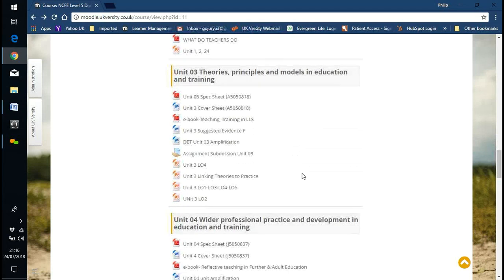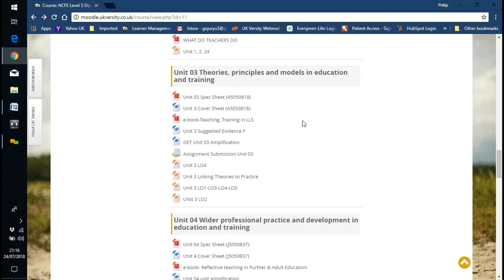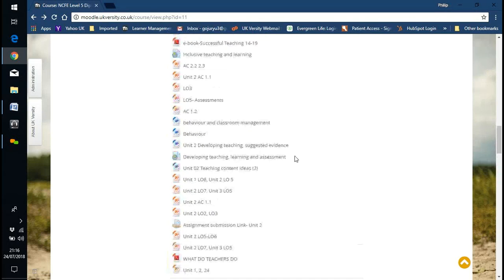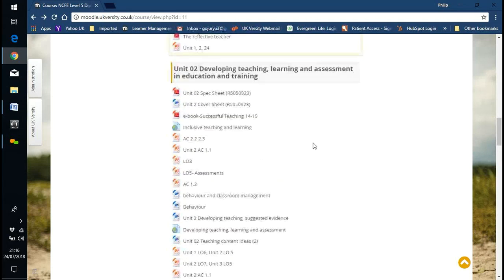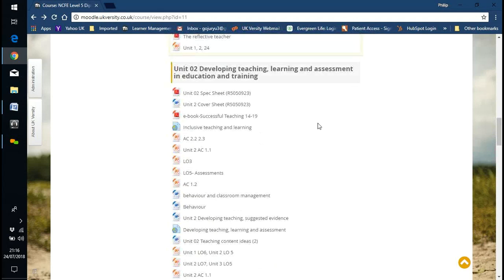Just make sure it's not in here. Unit 3 amplifications there. I shall have to check that. It seems to have got taken off for some reason. You had it last.